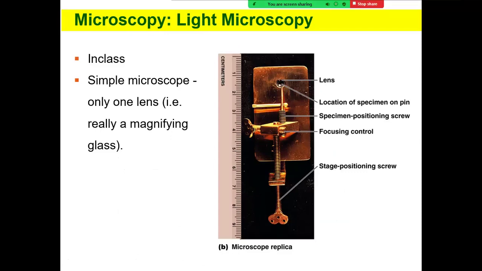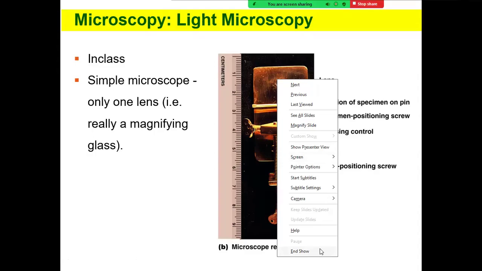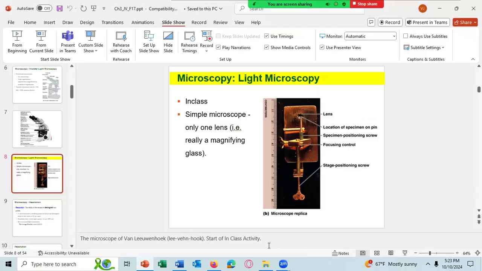And this is the microscope that Van Leeuwenhoek made. A simple microscope because it only had one lens, and of course, this is also a long time ago that he made it, and so it's a very simple microscope.